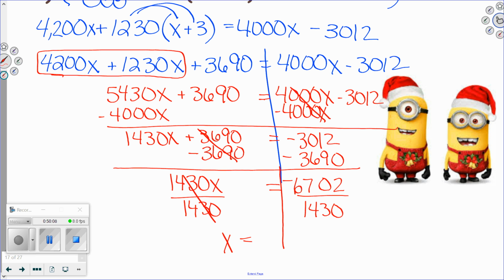If you're not sure, type it in as a fraction. And I can tell you right now it does because they're both even numbers. If you type it in as a fraction, hit equals, it's going to simplify it for you. So negative 3351 over 715. That's lovely.